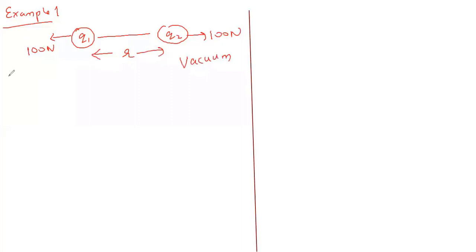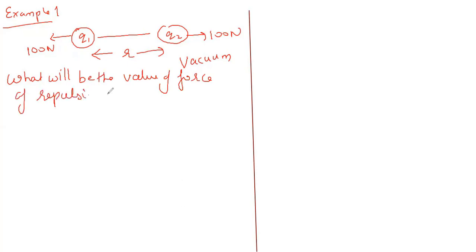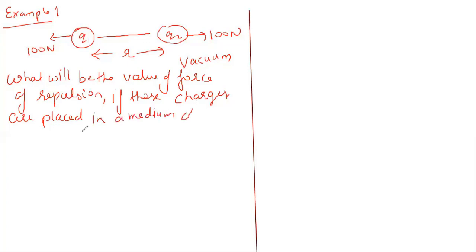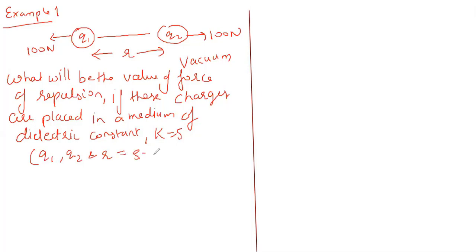Now we are asked what will be the value of the force of repulsion if these charges are placed in a medium of dielectric constant K equal to 5, and while doing so, Q1, Q2 and R are kept the same. It is given in the question.